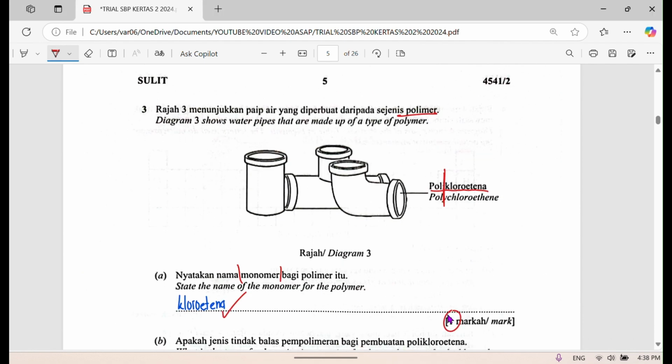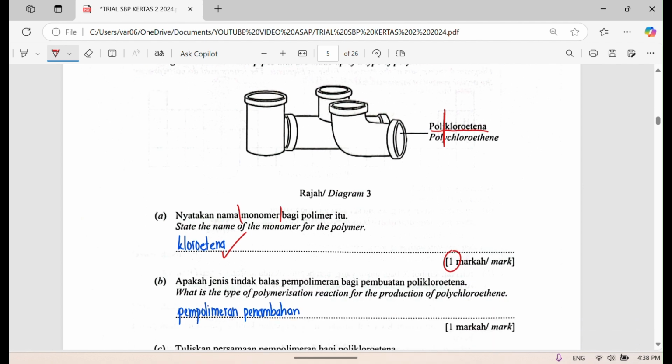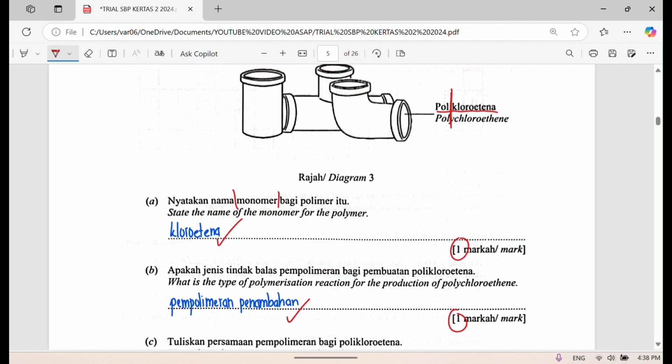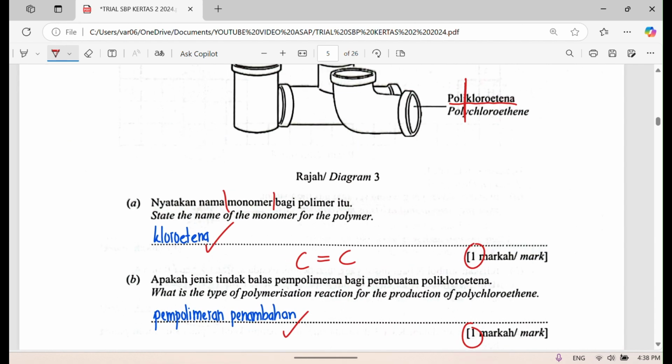Apakah jenis tindak balas pempolimeran bagi pembuatan polychloroethanol? It is pempolimeran penambahan. Okay. During pempolimeran penambahan, what happens is that the ikatan covalent ganda 2 between the carbon atoms will basically terputus ataupun dibuka.